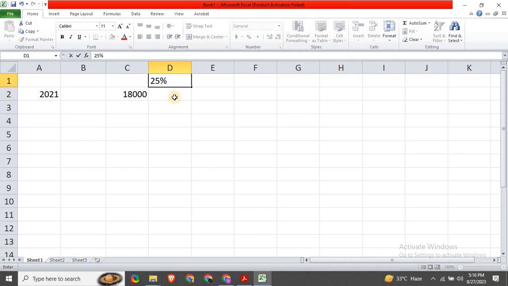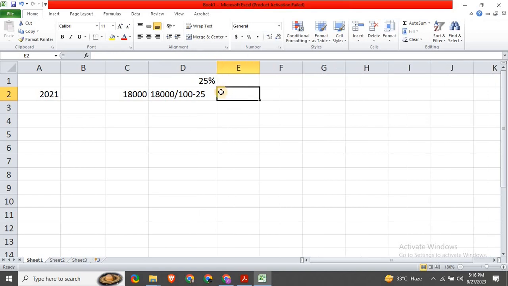So we need to calculate what is that depreciation amount. We know this amount is after depreciation, so this 18,000 will be divided by 100 minus 25, and then it will be multiplied by 25.